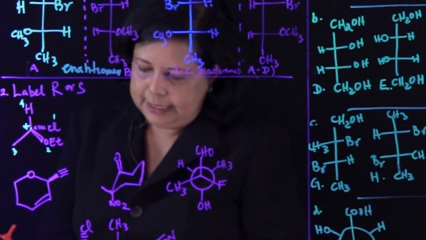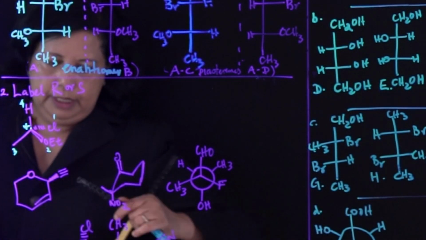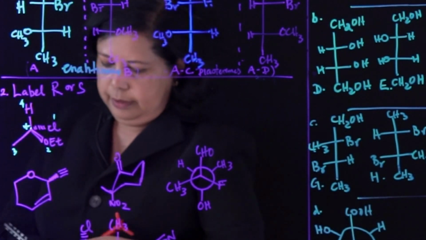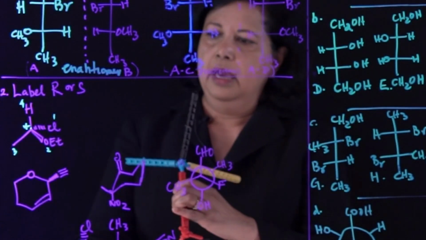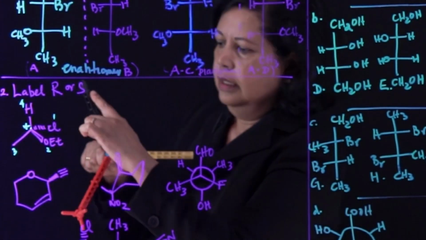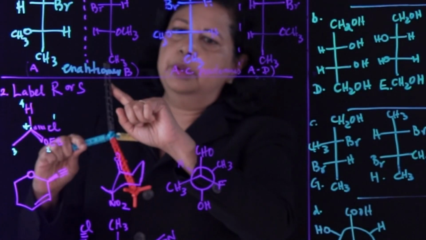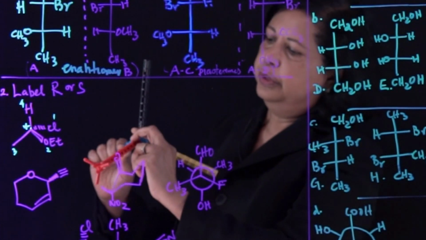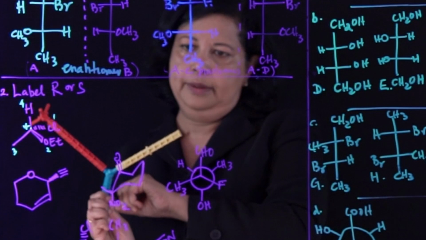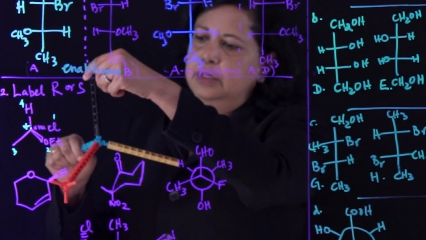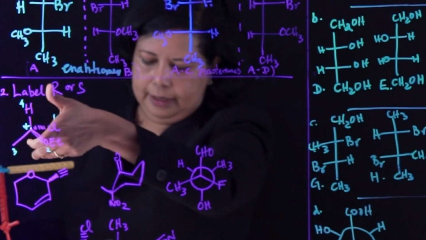So let's say if I take this molecule here, and this is going to be your hydrogen up here on the top, hydrogen on top, OEt, chlorine, and methyl. So we want to put hydrogen away from you. So you have to draw it like this, basically. This has to be going away. All right. So that's one of the ways to do it, is just tilt it a bit and put it in.